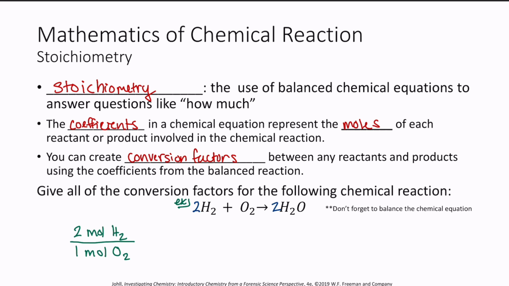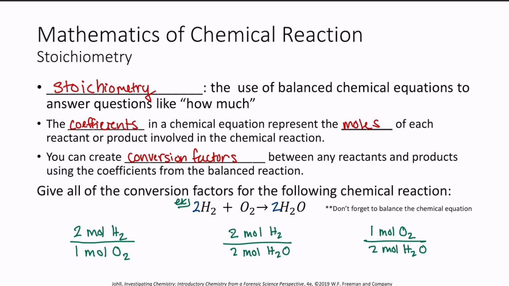Now I can also make the relationship between hydrogen and water. And then finally, I can make the relationship between oxygen, 1 mole of oxygen, and water, 2 moles of water.